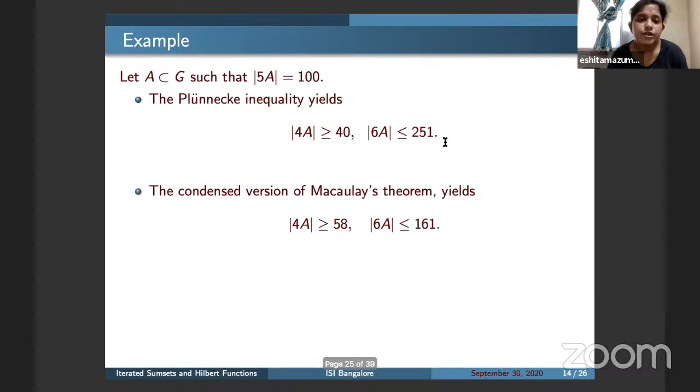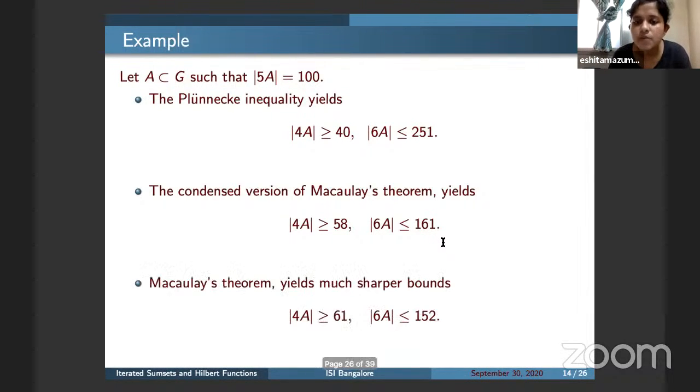The condensed version of Macaulay's theorem gives a much better bound than Plünnecke's inequality. It says that the cardinality of 4A is lower bounded by 58, and the cardinality of 6A is upper bounded by 161. But the first result which we have gives us a much sharper bound. It tells us that the cardinality of 4A is lower bounded by 61, and the cardinality of 6A is upper bounded by 152.